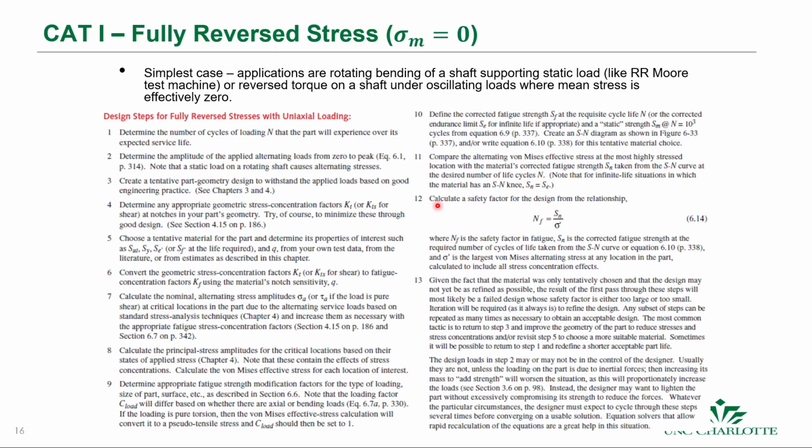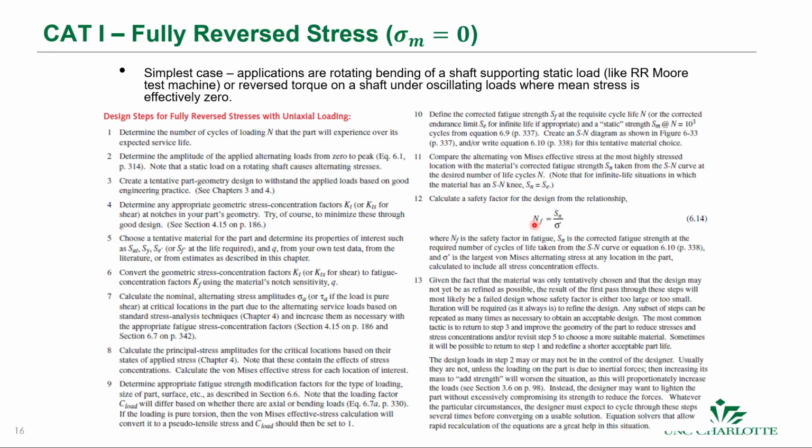We make sure the safety factor, the ratio of the corrected fatigue strength over the von Mises effective stress, is such that we are below what we need to be. So we have a safety factor that is at least 1.